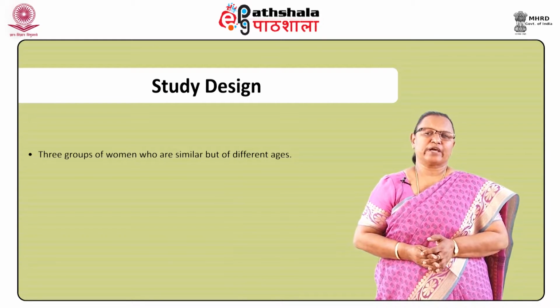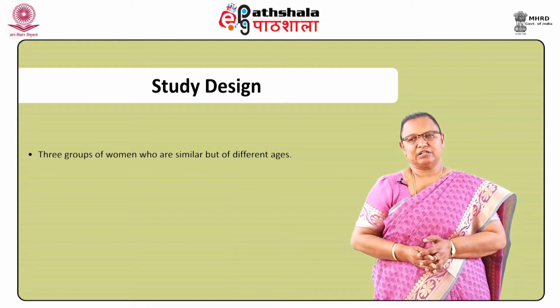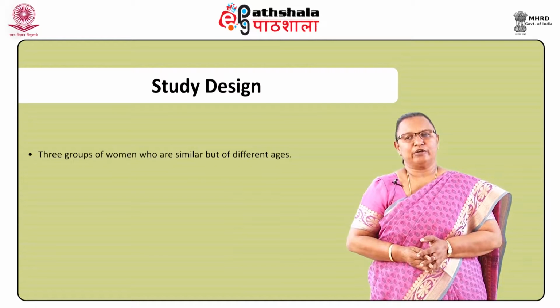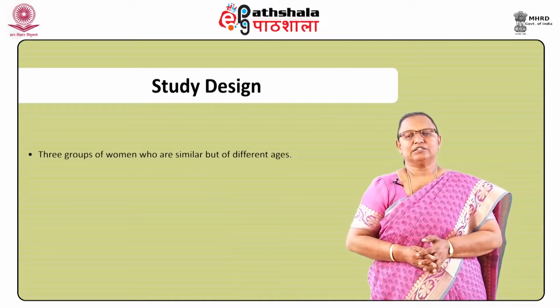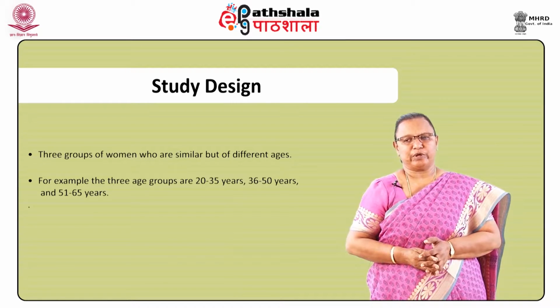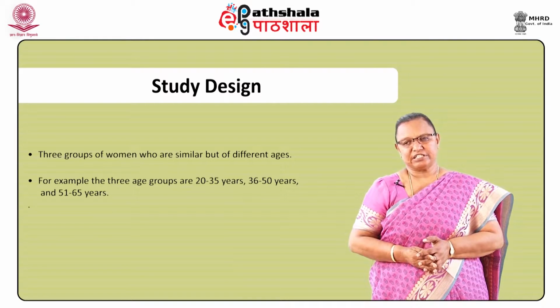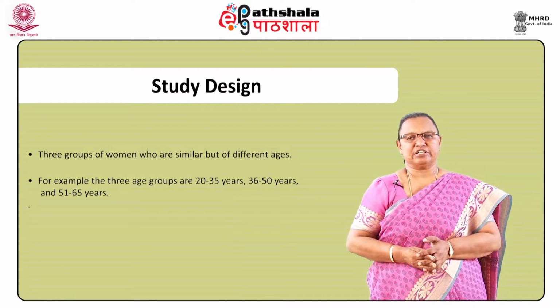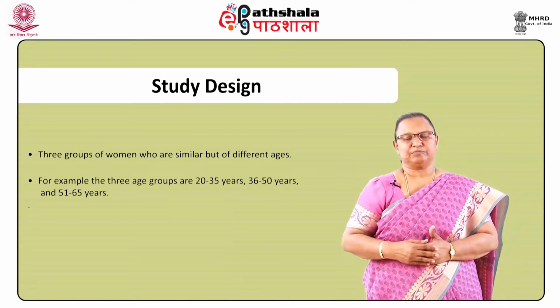You can take women in a particular community in the reproductive age, and carry out this investigation. The different age groups may be, for example, 20 to 35 years, 36 to 50 years, and 51 to 65 years. So here you have three groups of women.